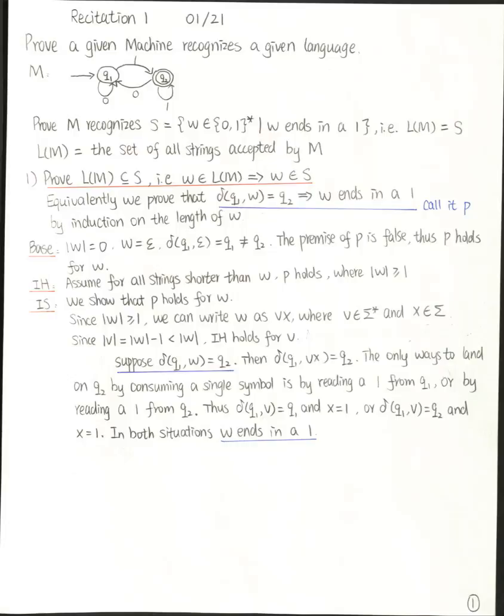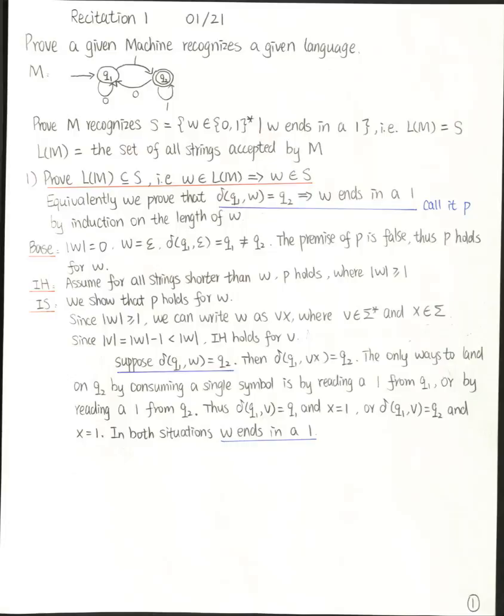And if we want to show that LM equals S, a common way to show two sets are equal to each other is to show that one set is a subset of the other and vice versa. So we will use this strategy.